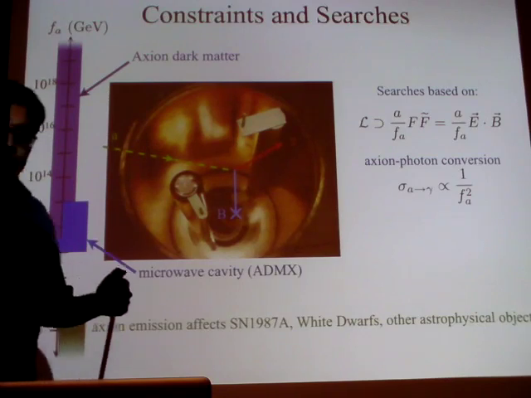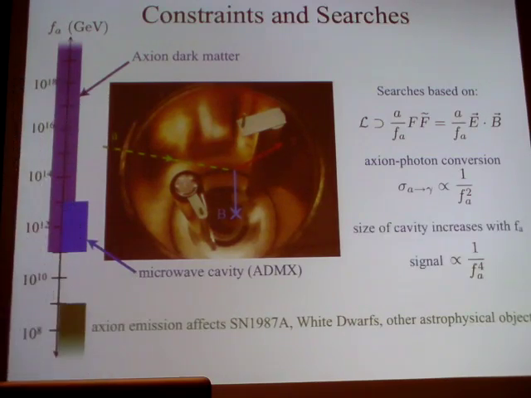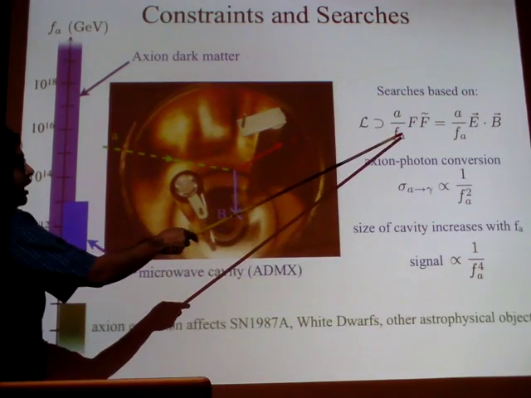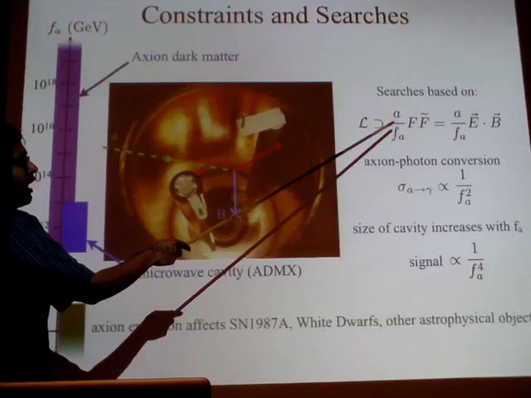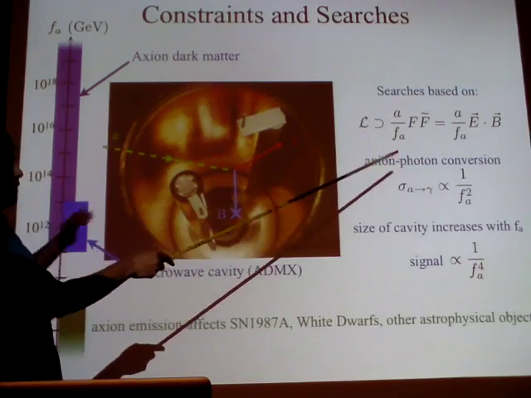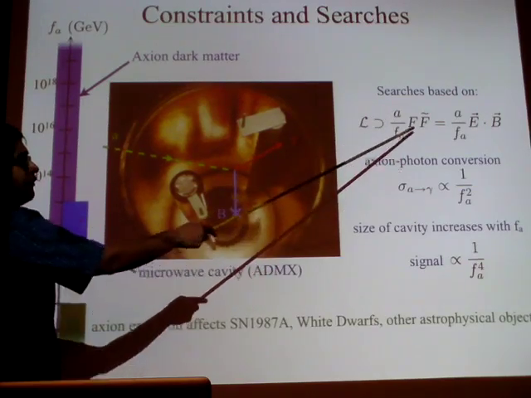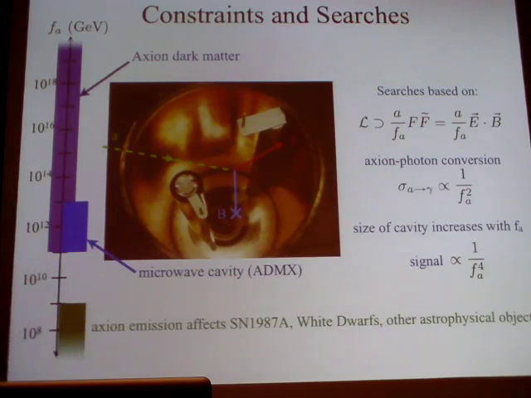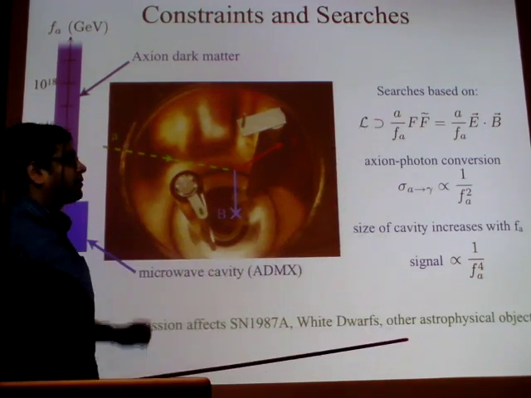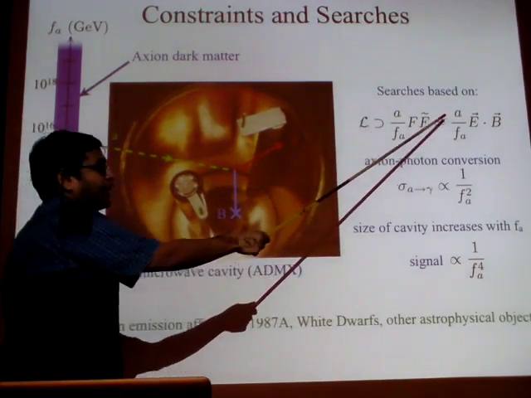There's, however, an even more fundamental problem, and that is intrinsic to this operator itself. The operator is (A/F) F F-dual. When A is a constant in space, with no dynamics at all, then F F-dual is just a pure derivative in electromagnetism. It does not give rise to any physical effects. So all physical effects of this operator have to be proportional to a derivative acting on the axion field.